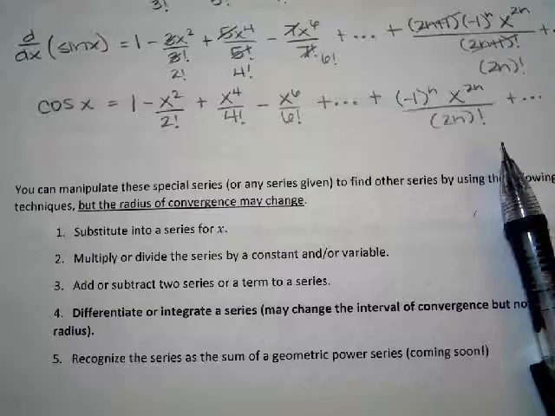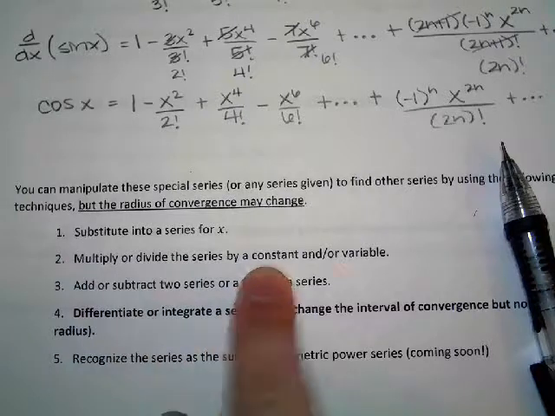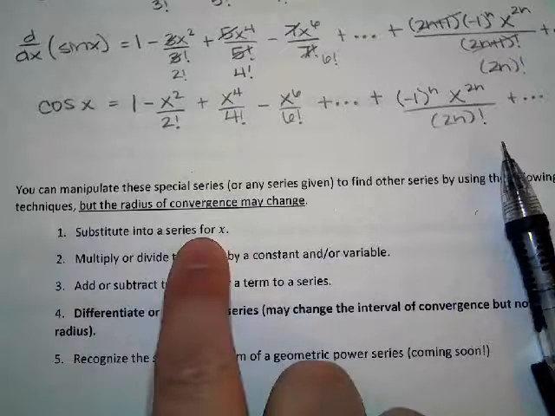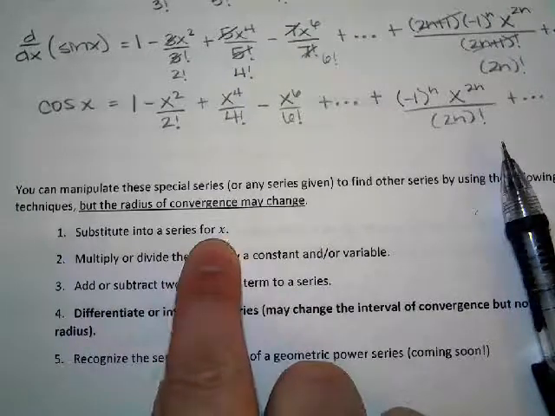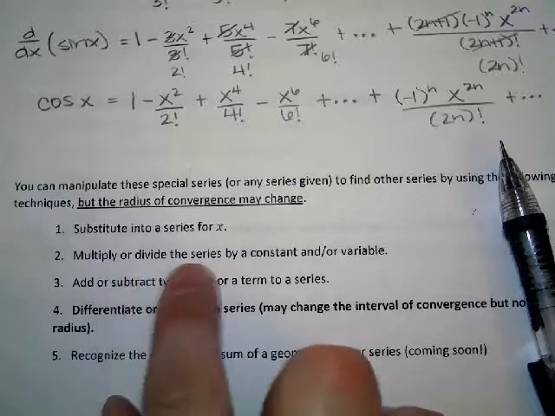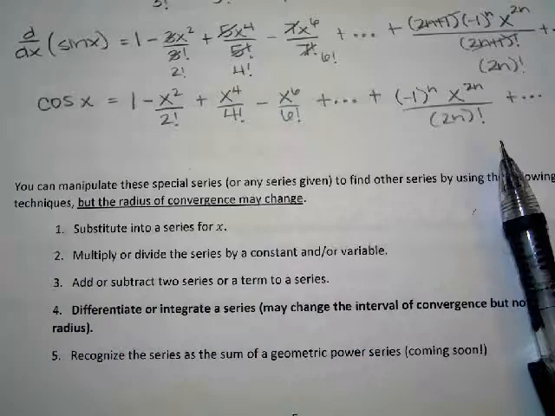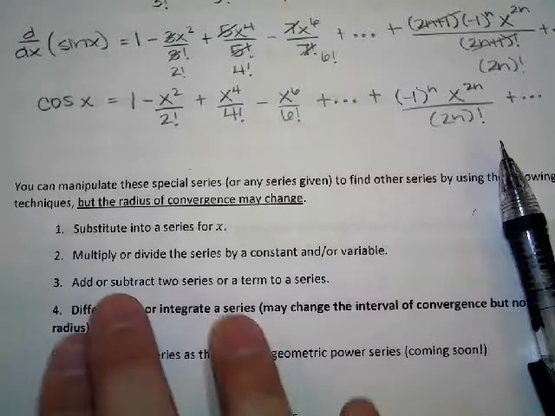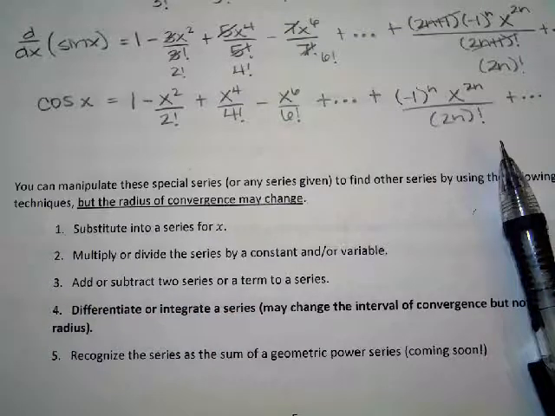We did e of x squared, we did e of 3x, where you could substitute things in for x. You can multiply or divide the series by a constant or a variable. So we did x cos x, we did 4 e to the x. You can add or subtract two series or a term to a series. So you could do cos x plus sine x and add the two together. It would not be fun, but you could do it where you just added all the terms.